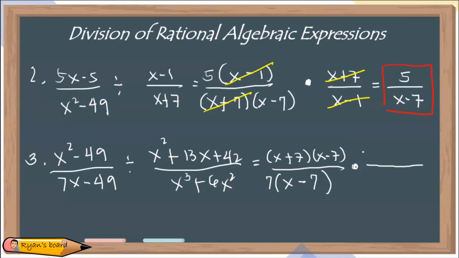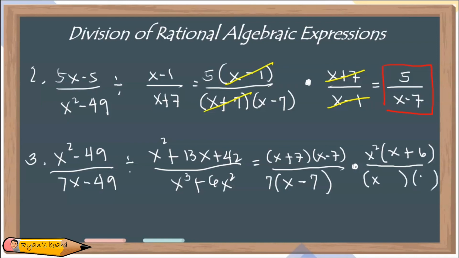O, sino ang mababang exponent? Yung x squared. Okay? So, x cubed divided by x squared, that is x, plus 6x squared divided by x squared, that's 6. Okay. How about this one? May GCF ba to? I think wala. No? So, this is trinomial, general trinomial.